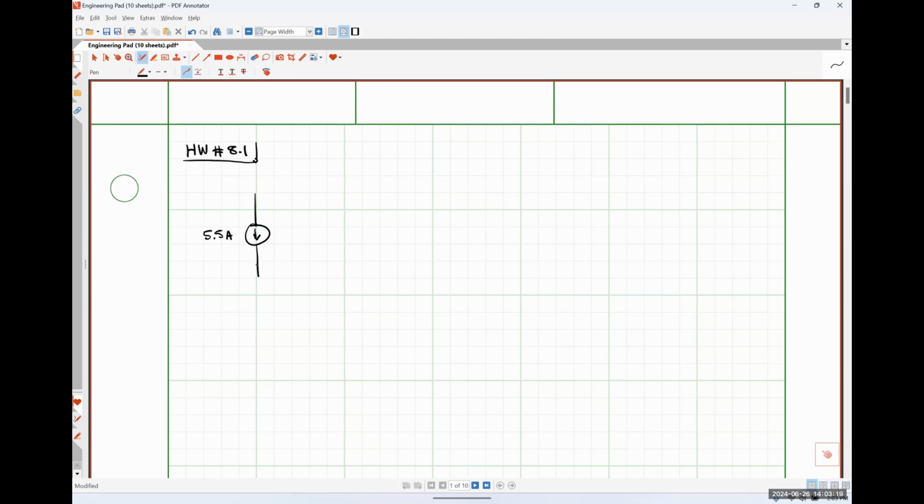Then we have a resistance here. I'm going to leave this as RL because we're going to play around with that. I'm also going to make a note on the right-hand side here that at least for part A, RL is equal to 11 ohms.